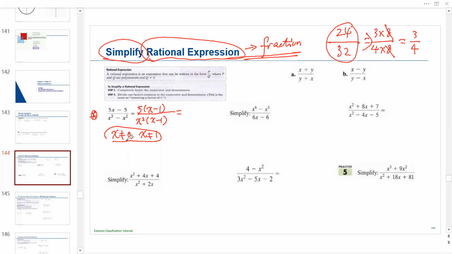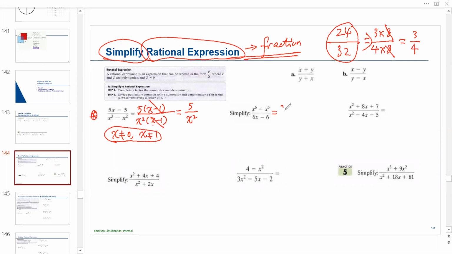Keep this in your mind first. This one needs to be defined, so the denominator part cannot equal 0. So it means x cannot equal 0, x cannot equal 1. After that, this one is not 0, so you can factor out. You got 5 over x squared. So you can simplify, right?